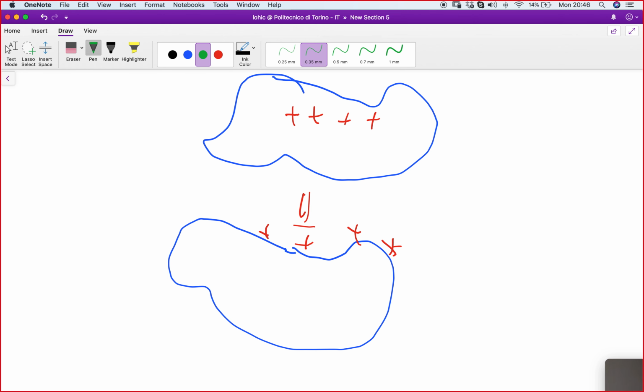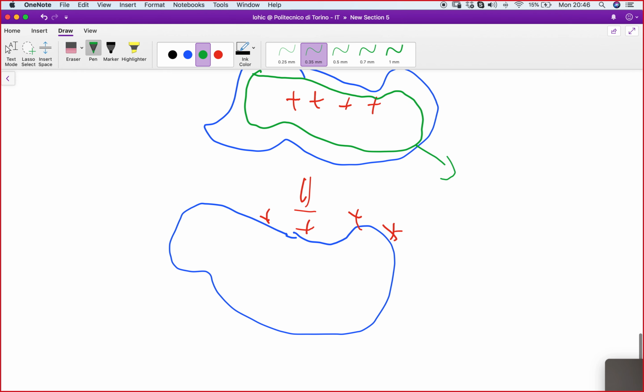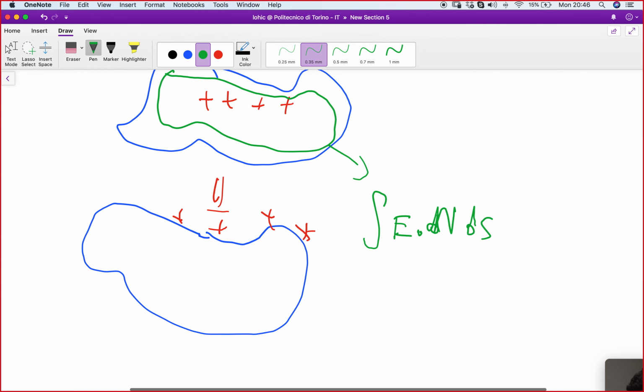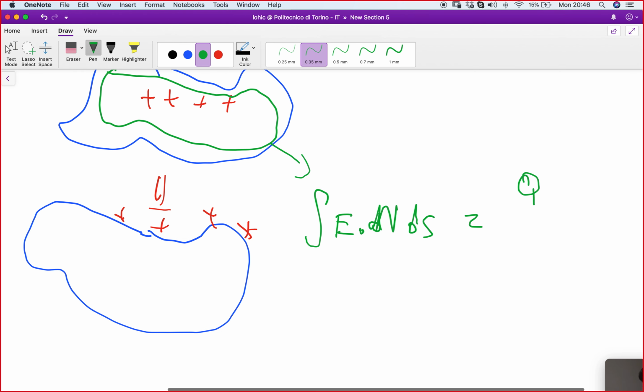If I have charges inside and I draw a surface like this one containing these charges, the green surface is not the surface of the conductor, but any geometrical surface. The Gauss theorem tells us that the flux, the integral of E dot the normal vector dS, is equal to the total internal charge divided by epsilon 0, right?